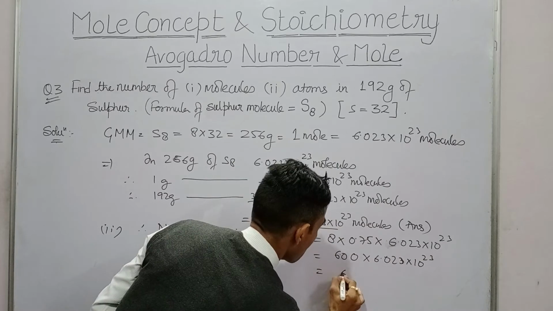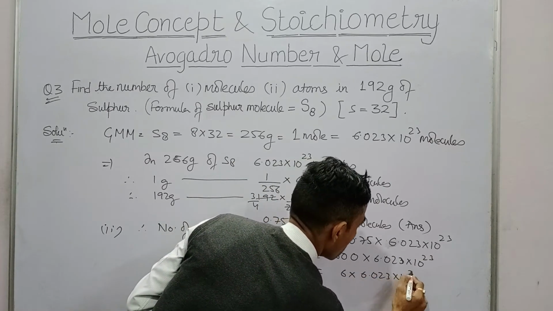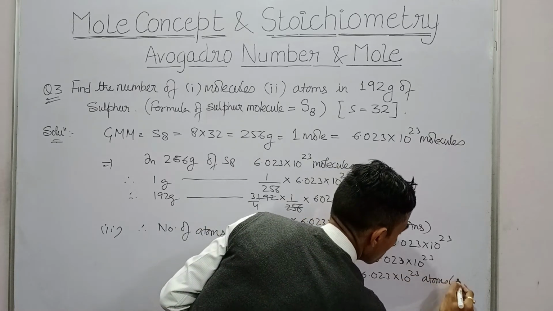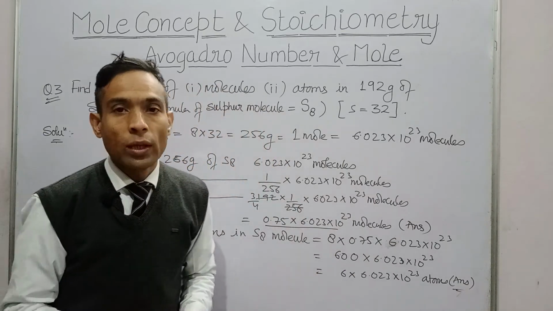So this is 6 into 6.023 into 10 to the power 23 atoms. This is our answer number 2. Let's do our next numerical.